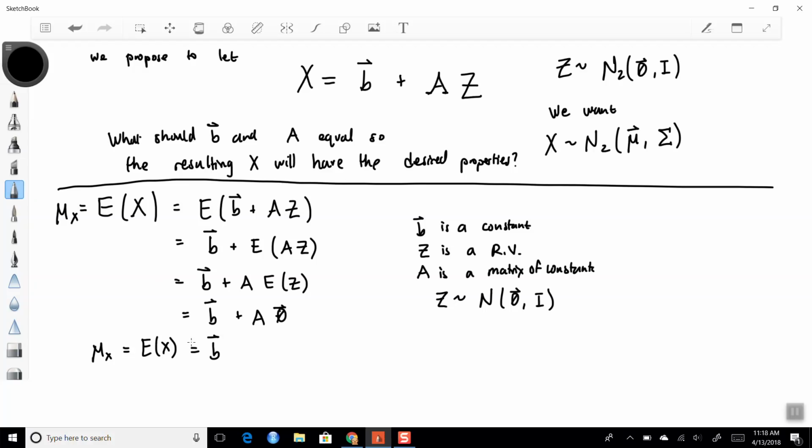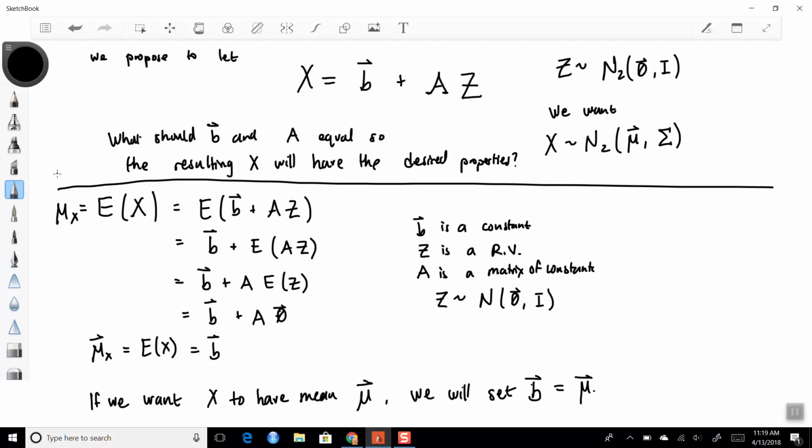So if we want x to have a mean vector mu, then we will set b equal to that mean vector.